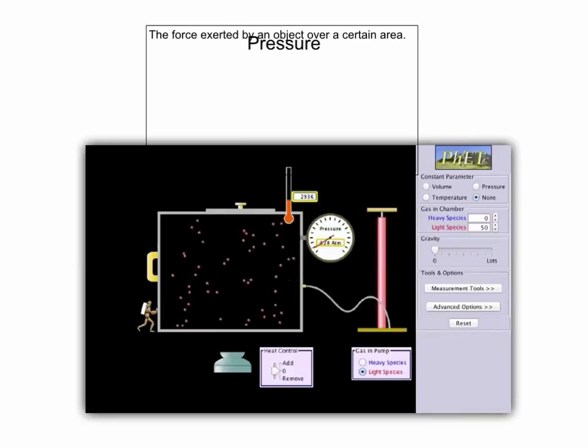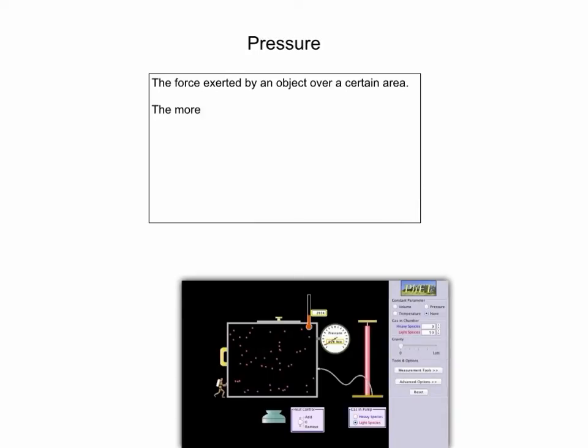So for a gas, the more collisions there are in a given amount of time with the sides of the container, the higher the pressure.